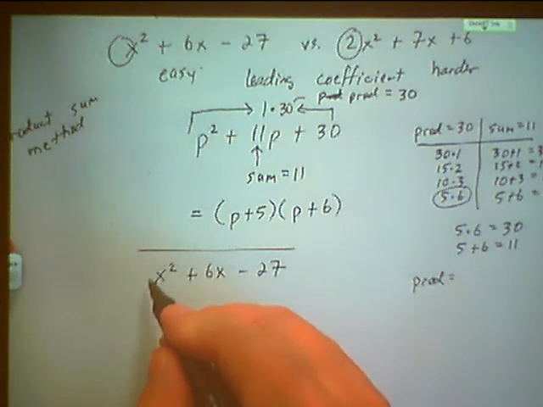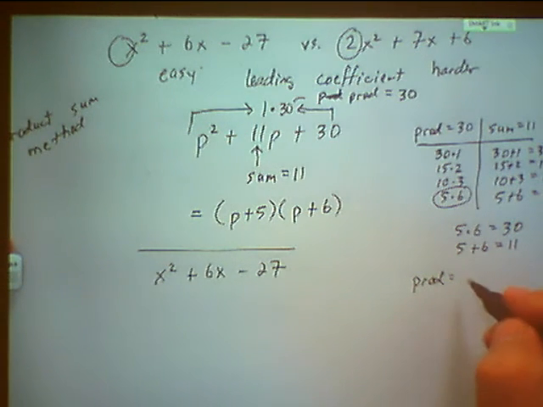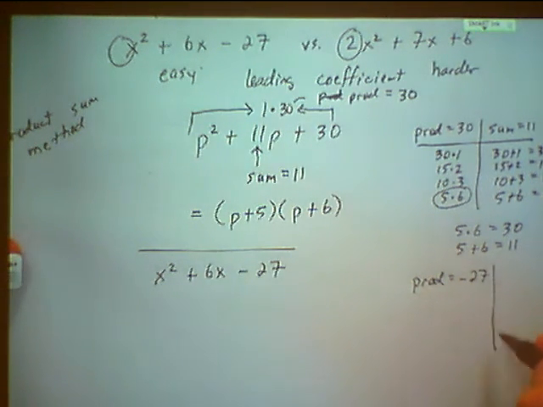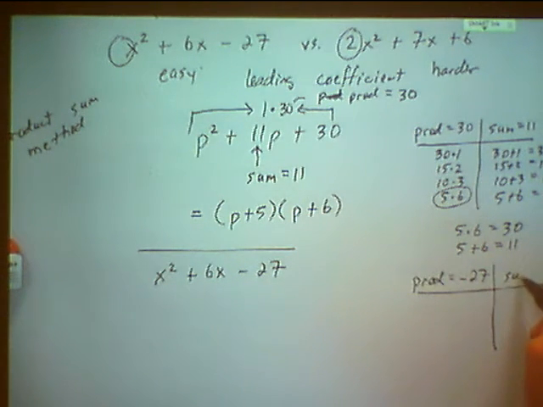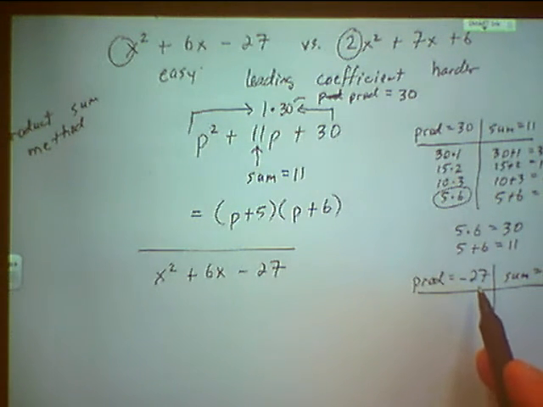So my product is 1 times negative 27. So there's my product. And my sum will be 6. And now I have to think of two numbers that multiplied together equal negative 27, but when you add them equal 6.